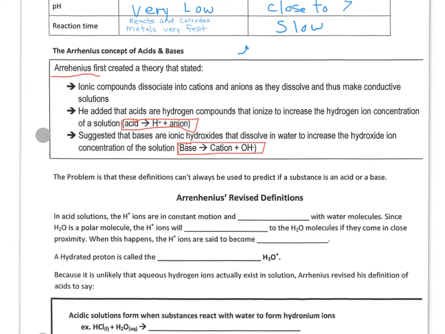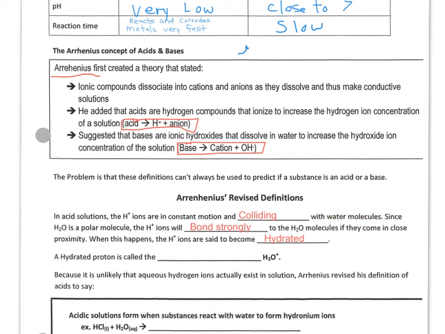Now, it turns out that these definitions can't always be used to predict if a substance is an acid or a base, so he had to come up with a revised definition, and this is the one we are more interested in. He said that in acidic solutions, the hydrogen ions are constantly in motion and colliding with water molecules.